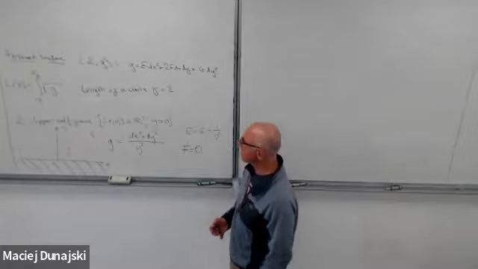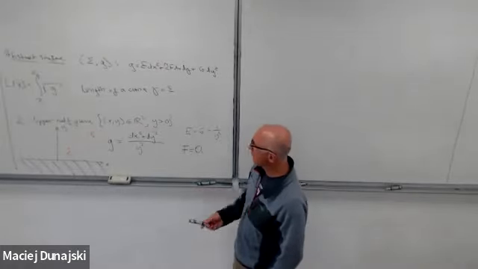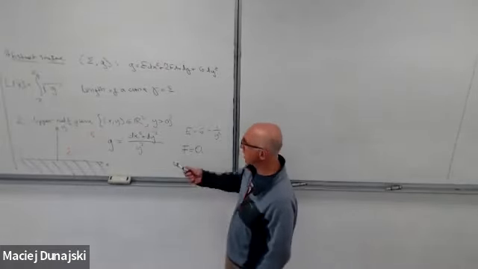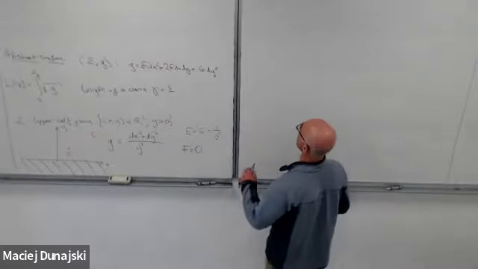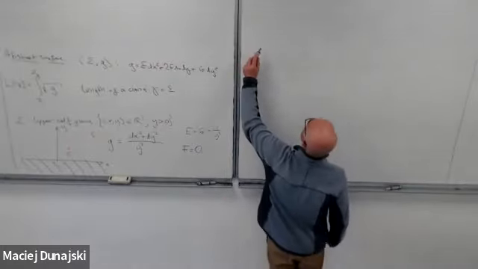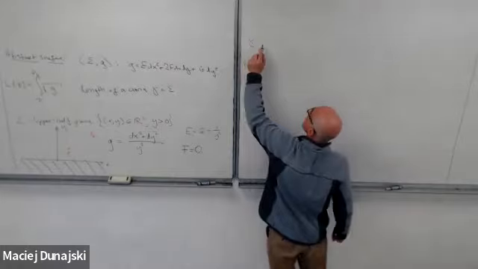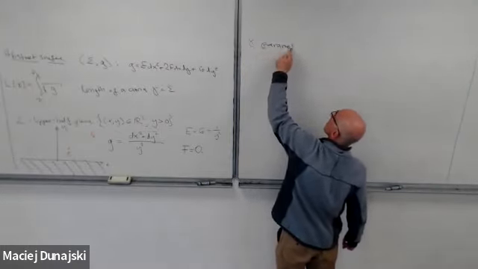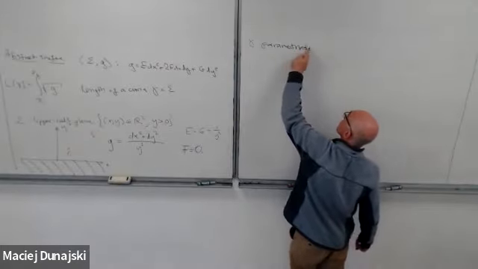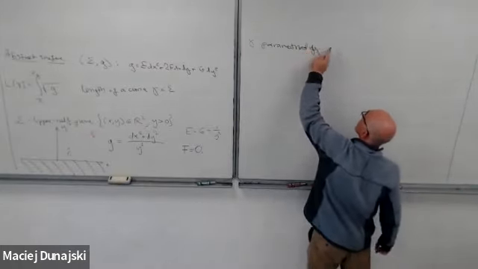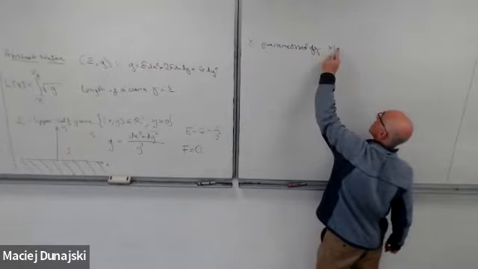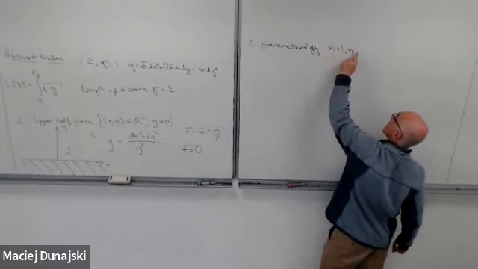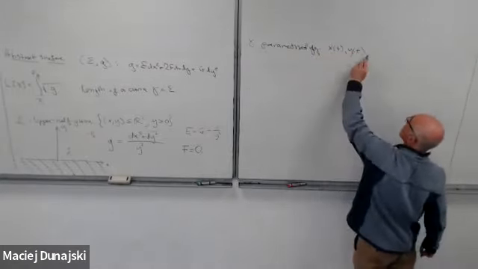Rather than parameterizing my curve gamma by t, as x of t and y of t, I'm not going to do that.